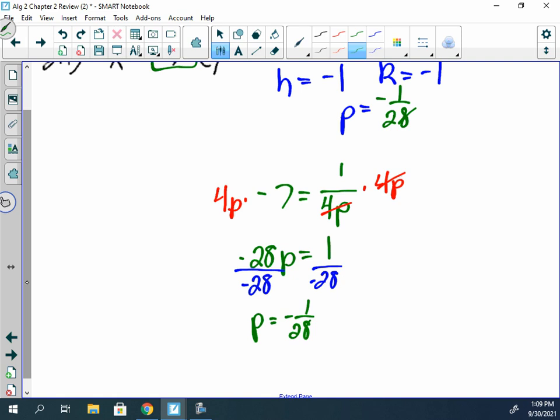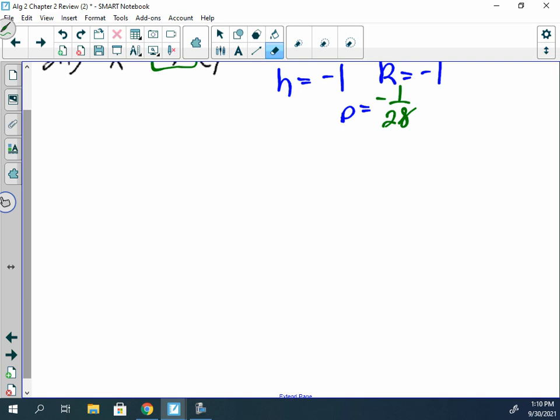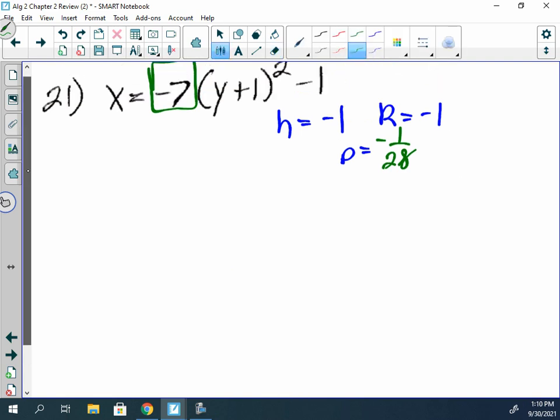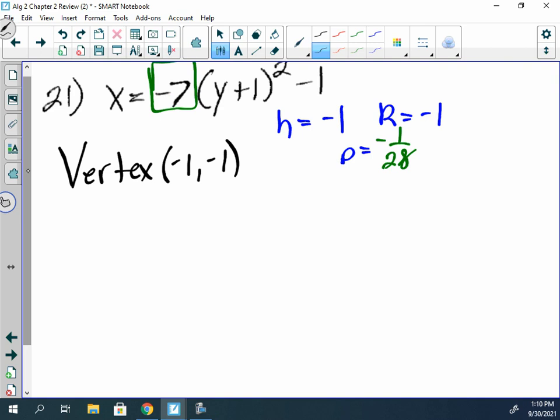Questions on this here? Okay, I'm going to erase this. We good? Okay. Now, let's go down the list. Vertex is what? -1, -1, because it's just H and K. The focus.